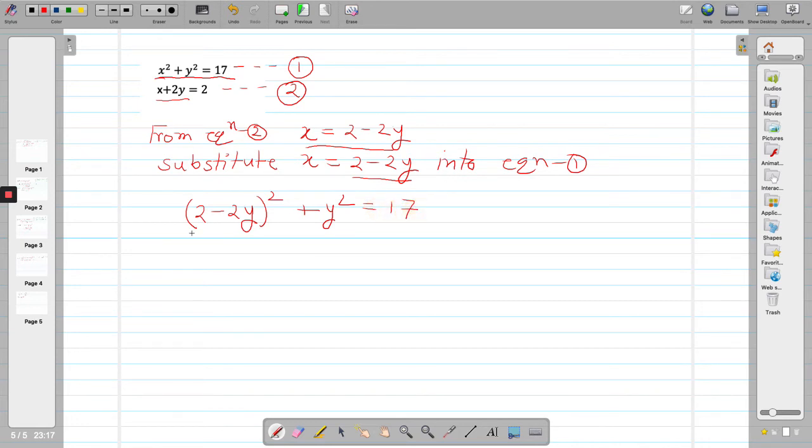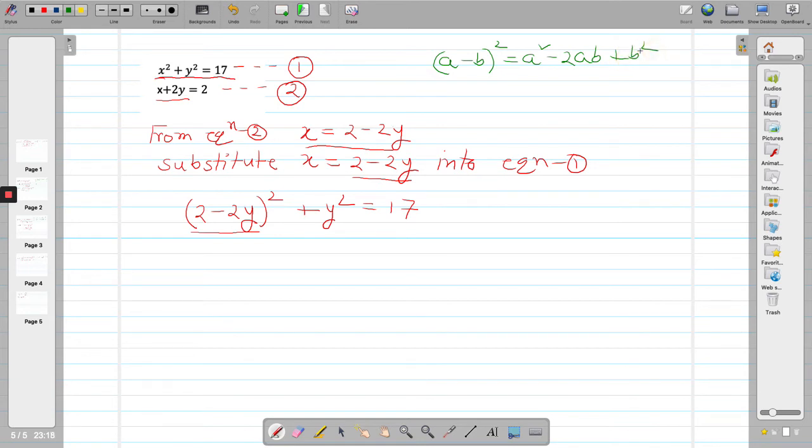Okay, now this one, do you remember I said the a minus b whole square formula? So let me write, using a different color, the a minus b whole square formula in there. You don't have to write, I'm just writing for you to remember. A minus b whole squared was a squared minus 2ab plus b squared.